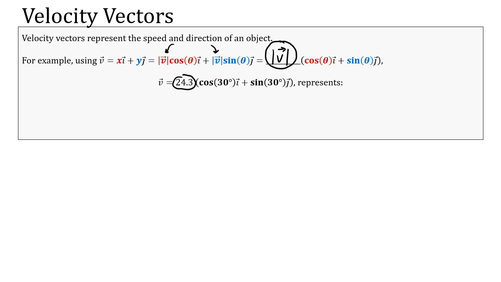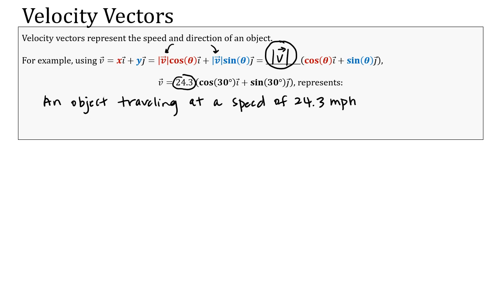So we might say that this represents some object that is traveling at a magnitude or a speed of 24.3, and no units are given, so maybe I'll just say miles per hour, question mark. So we want to pay attention to that in any word problems we're given. Usually the units are given.